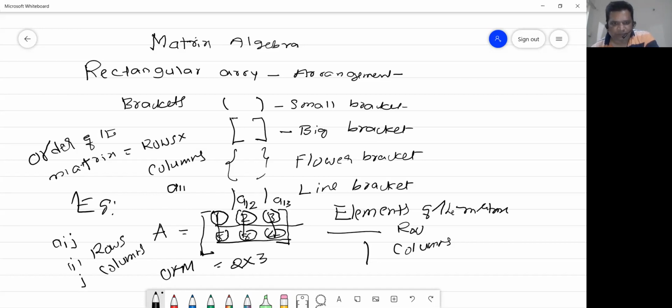Similarly, come to this one: a, second row, first column; a, second row, second column; a, second row, third column. So the entire matrix is arranged like this. Now, in general, I am writing the matrix like this. One minute, I will write the matrix like this.